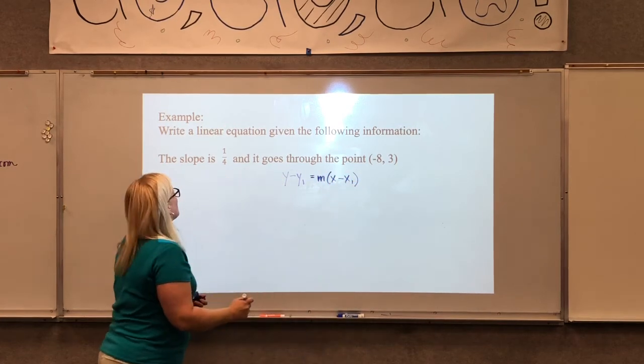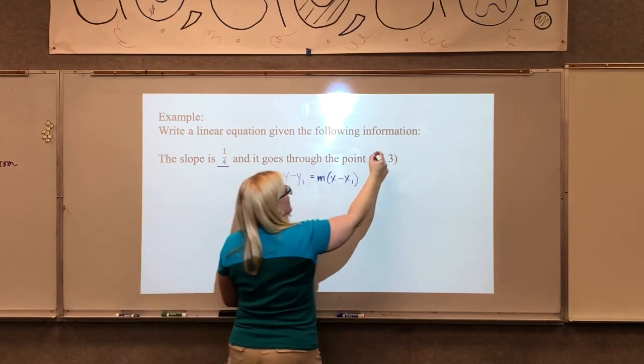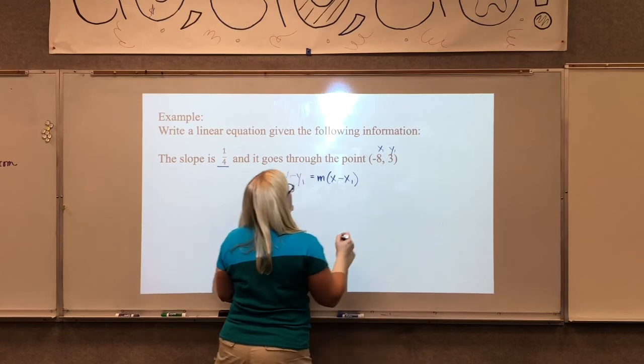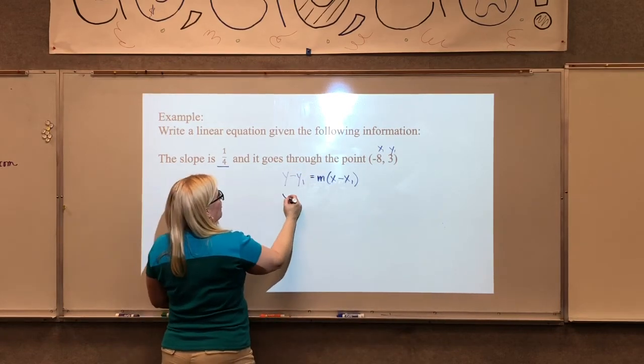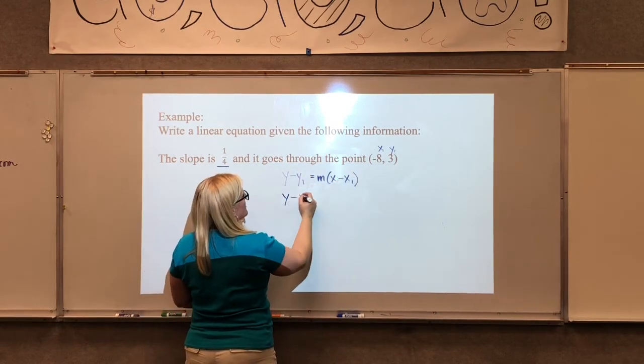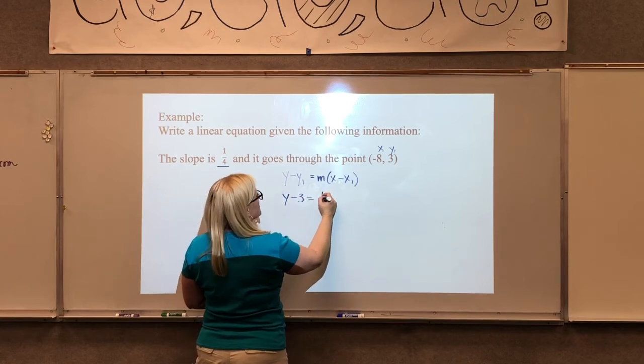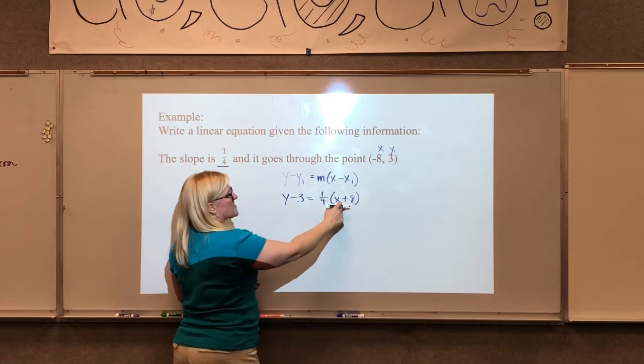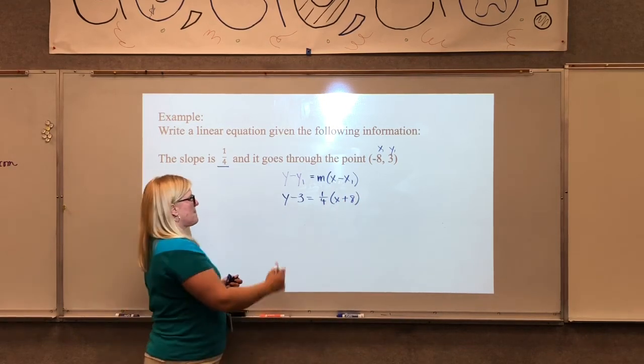Okay, so we've got the slope. Here's my x value, here's my y value, actually my x1 and my y1. So we've got y minus y1, which is 3, equals my slope times x minus a -8. So minus times a minus is a positive.